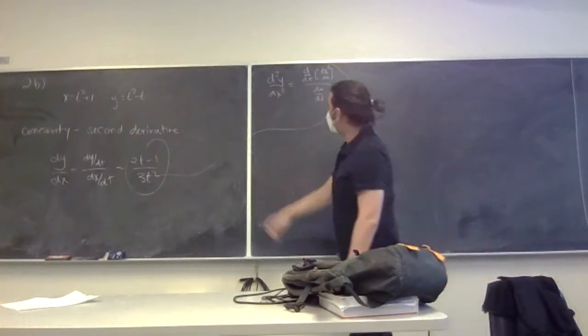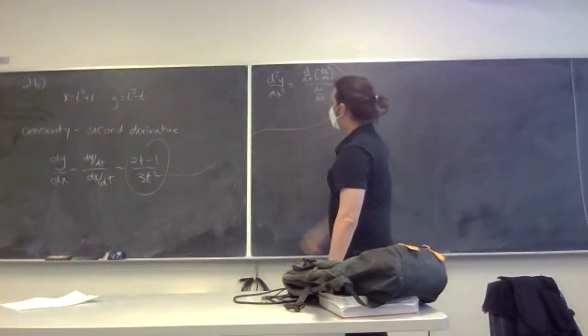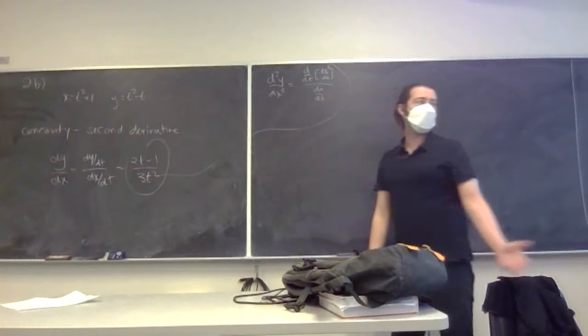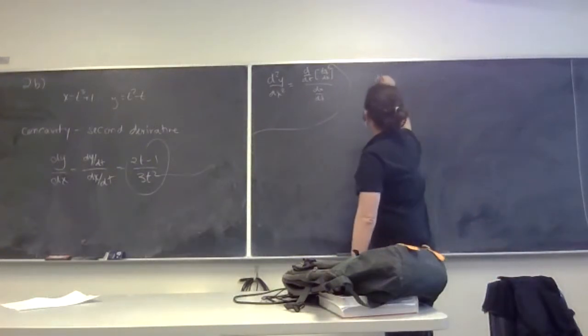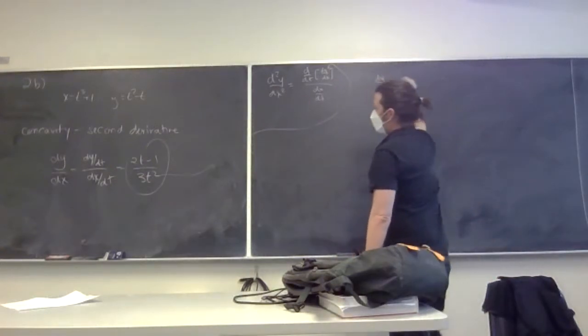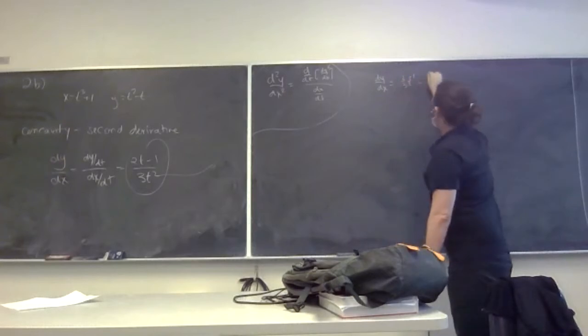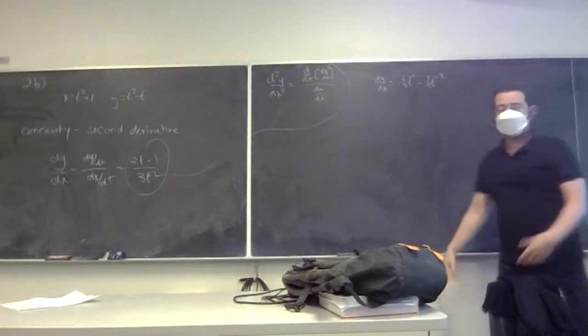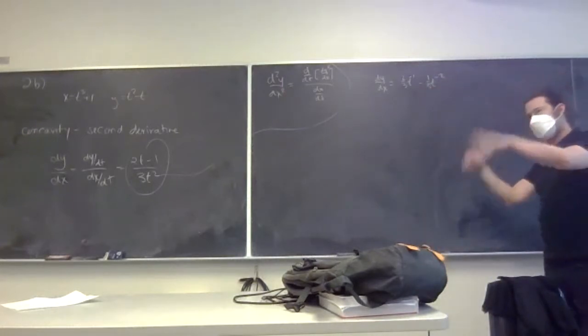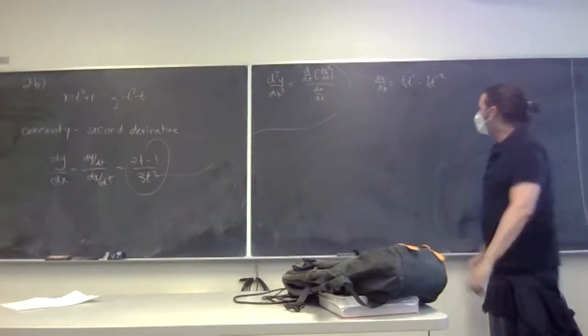Right, so we take the t derivative of that, and then we divide by dx/dt. Of course, I hate the quotient rule, so I'm not going to do it. I'm going to rewrite this as dy/dx is equal to 2/3 t to the minus 1 minus 1/3 t to the minus 2. So I can take a derivative easily. I don't know. Quotient rule is just a recipe for disaster.